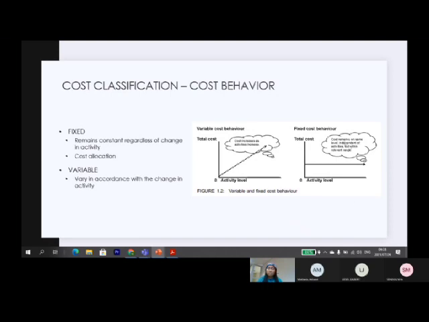It's also in your module, it says that these are the total costs, this is the activity. Regardless of what happens in the activity here, this cost remains constant. It's independent from what happens in the activity world, but it's within a relevant range, right? So that is a fixed cost.